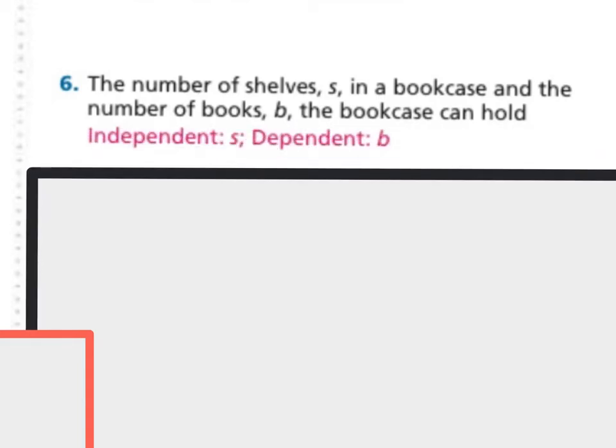So in this case, the independent variable would be S, dependent variable would be B. In other words, we had the bookshelf first, and then based off of what the bookshelf is, that's going to determine how many books it can hold. Okay? Books it can hold depends on how many shelves there are.